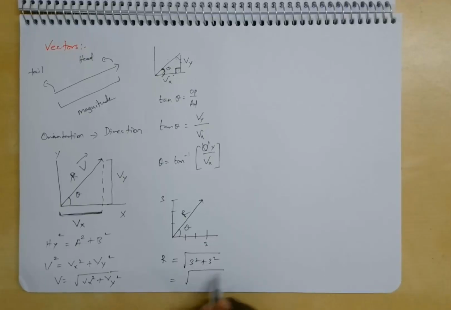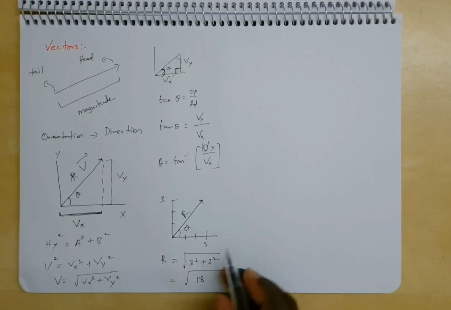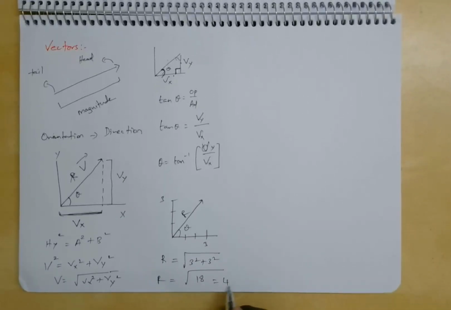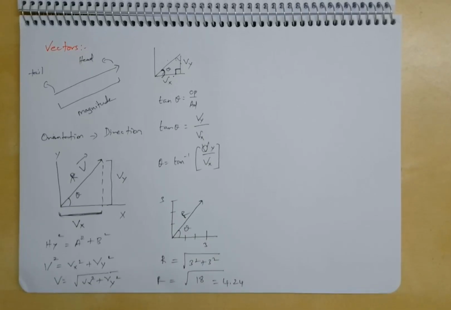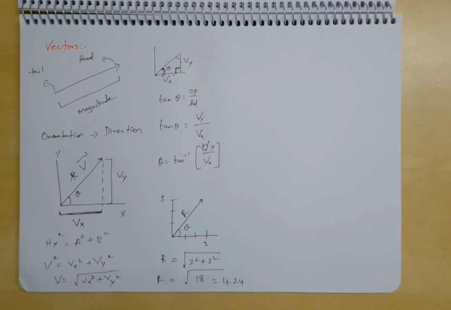So 9 plus 9, 18. So r will be 4.24. If it's a velocity, we will call it meter per second. If it is force, we will call it a Newton. That doesn't matter. Here, we don't care about that. Now, what's the question? What is the angle?